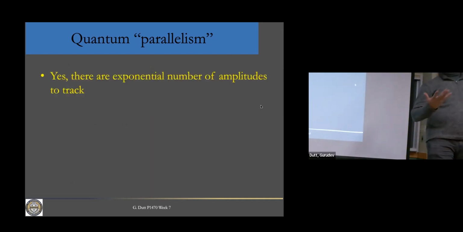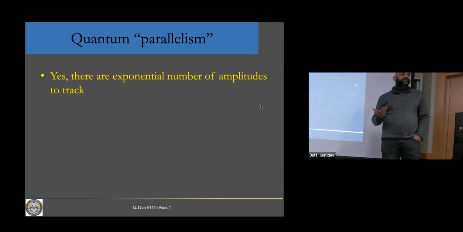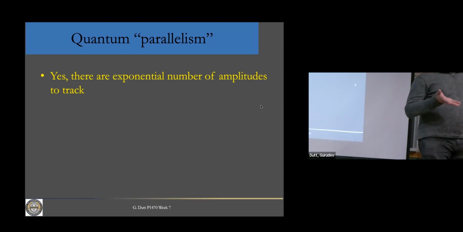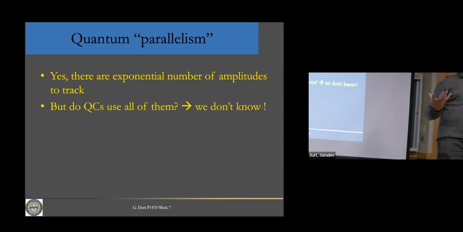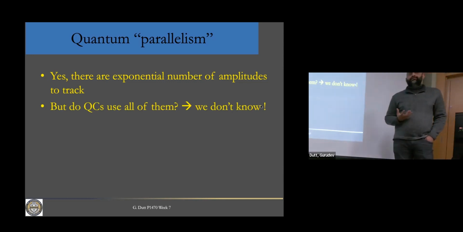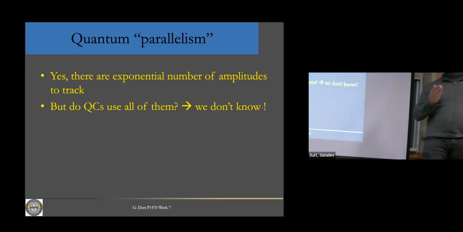The reason is, yes, there are an exponential number of amplitudes to track, but it's not clear that we actually are using all of them in the quantum computer. Nobody can actually go in there and see. We can simulate, we can try to understand the power of quantum computing, but we don't really know that we need all of the 2 to the n complex numbers in the actual calculation of whatever problem you're trying to solve.